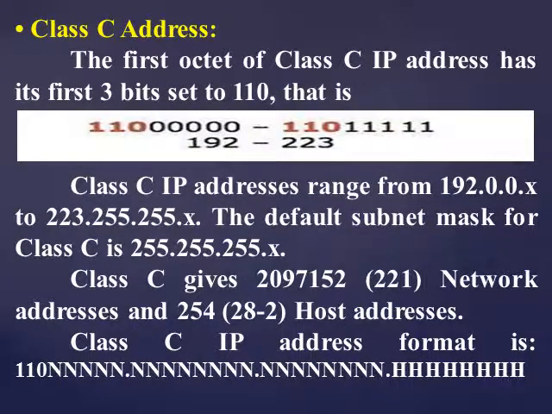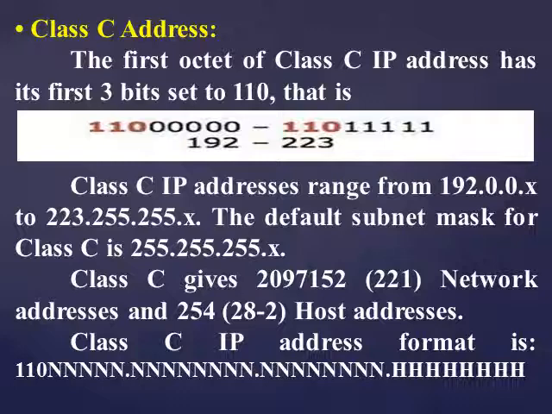Now the class C address. The first octet of a class C IP address has its first 3 bits set to 110, as shown in the figure by red color. So class C IP addresses range from 192.0.0.x to 223.255.255.x.